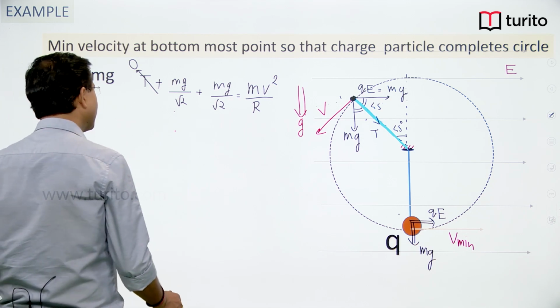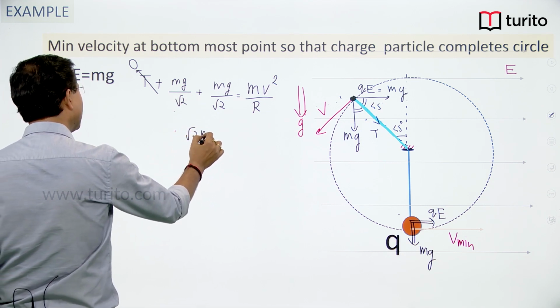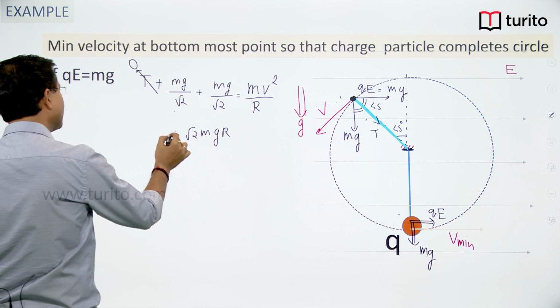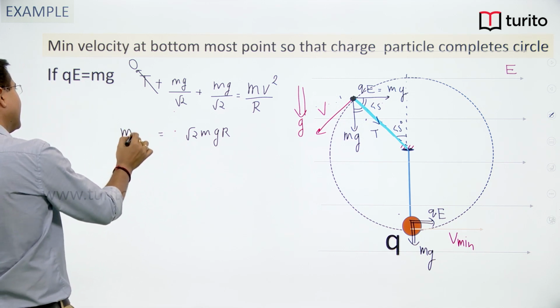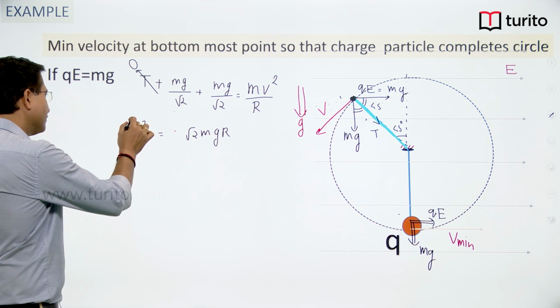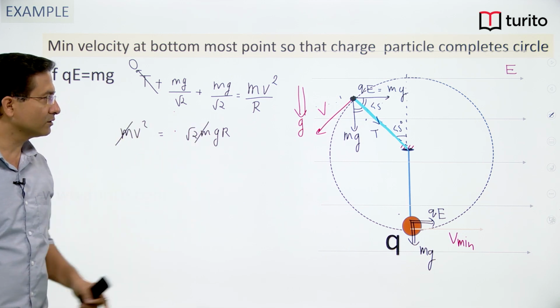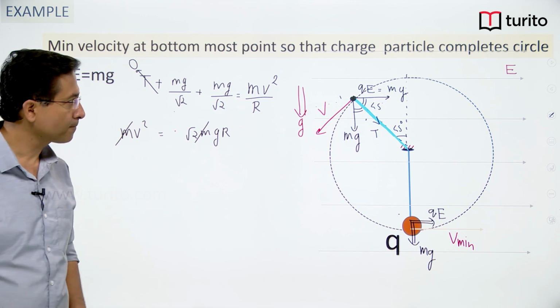I can further simplify, I can write this as root 2 mg R is equal to mv square, and this m and m will get cancelled out. So v square is equal to root 2 gR.